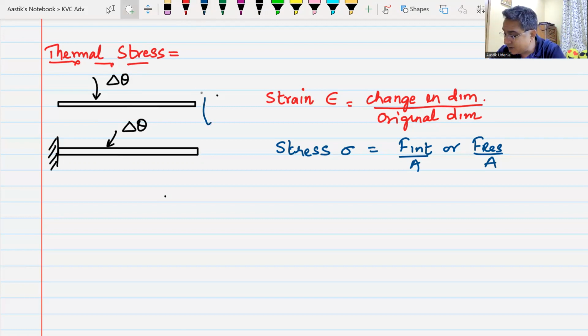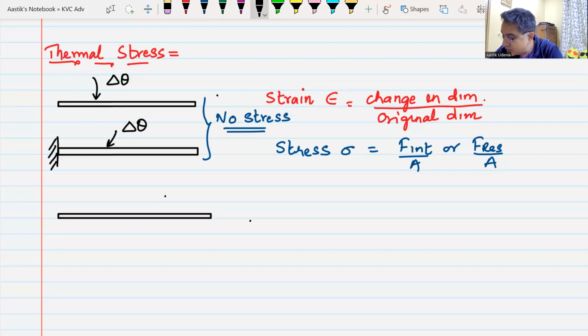It can expand, and therefore there is no strain or no stress developed in this rod. Do we understand this? Because there is no force exerted on this rod. It is free to move in one direction. Are we understanding what I'm saying? Yes, sir.